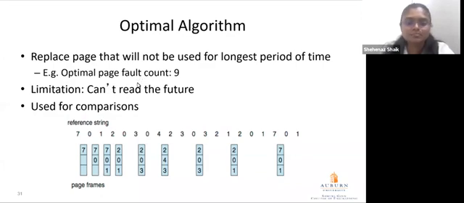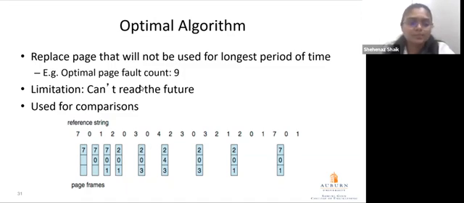It all depends on the kind of input that we have, and it depends on several other aspects as well, of course including the number of frames it has available, and so on.